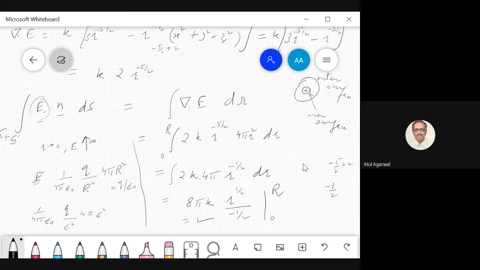So as a limiting value, what do you get? Q upon epsilon naught. So basically one is plus, another is minus, so you will get a 0 value.